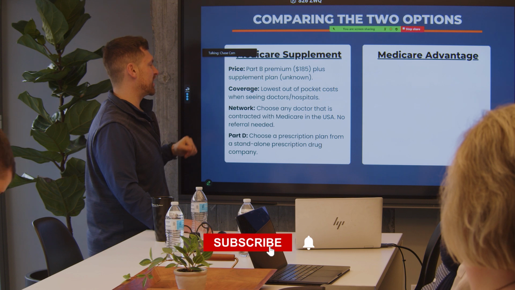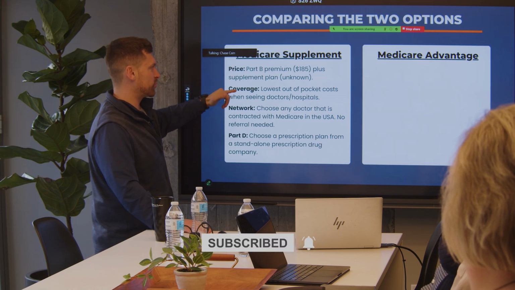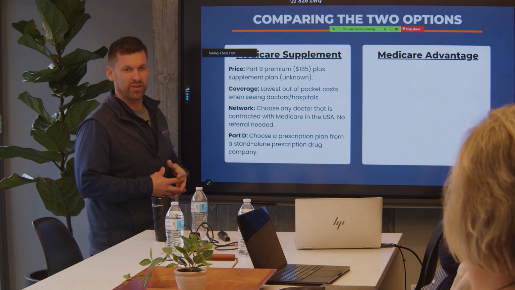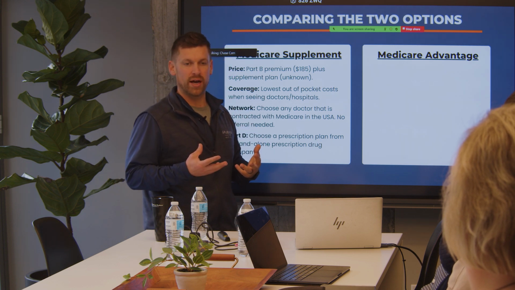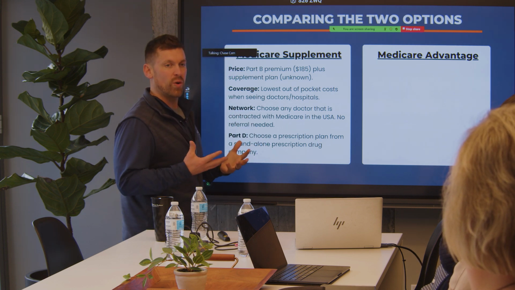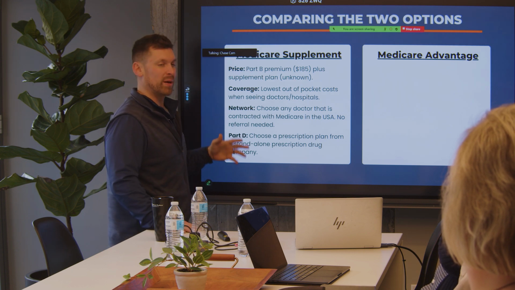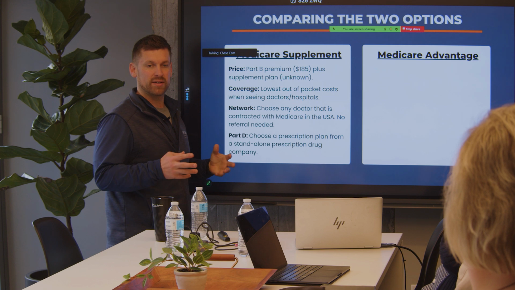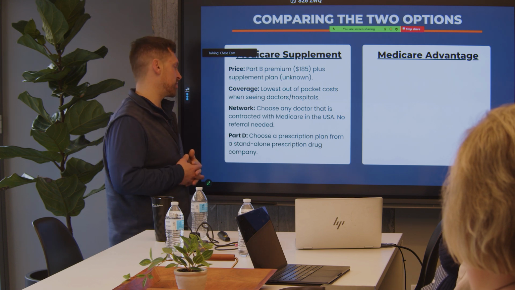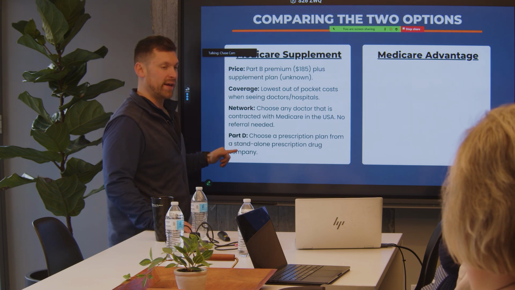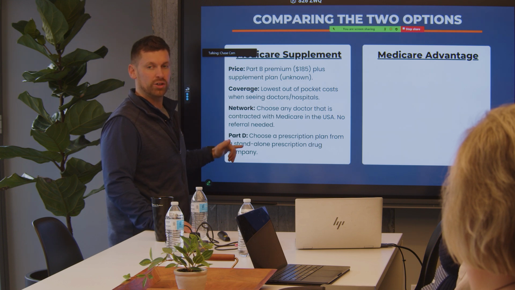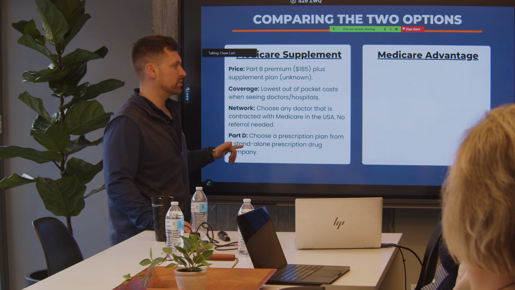So $185 on each side. Now, coverage with the Medicare Supplement, we often look at this as the most robust coverage option. It's going to leave you with little to no out-of-pocket exposure as long as it's Medicare approved. Your networks, you're going to be able to see anybody in the United States that takes Medicare. There's no networks, no restrictions, and no referrals needed. Part D plans, with this plan we need to choose a separate Part D plan.